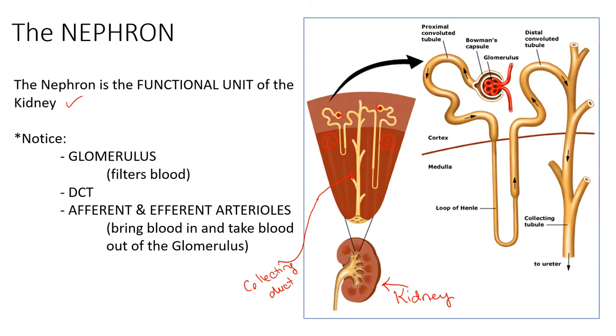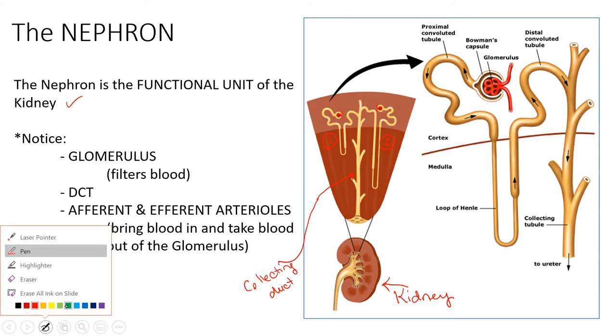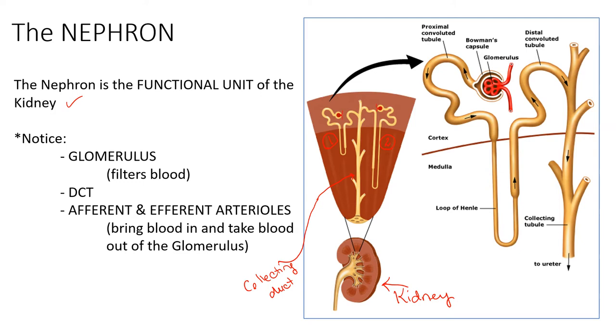So let's take a look at the nephron and spread it out a little bit so you can see all the different parts. There's a few parts that we need to pay attention to because these are ones that relate to renin. So when we spread this nephron out, we can see the glomerulus. Now, the glomerulus is a bunch of blood vessels, just an intermix of a bunch of incoming blood vessels.